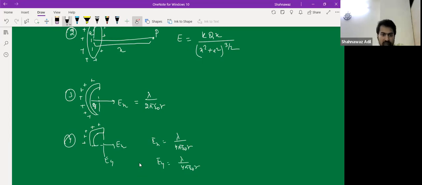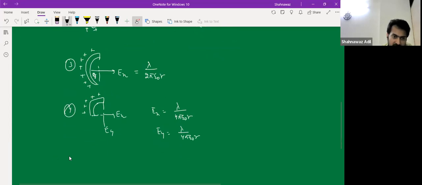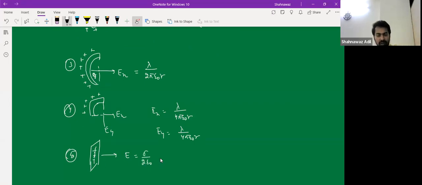So this we did earlier, and then you have the parallel sheet. For a parallel sheet, the electric field is sigma by 2 epsilon.